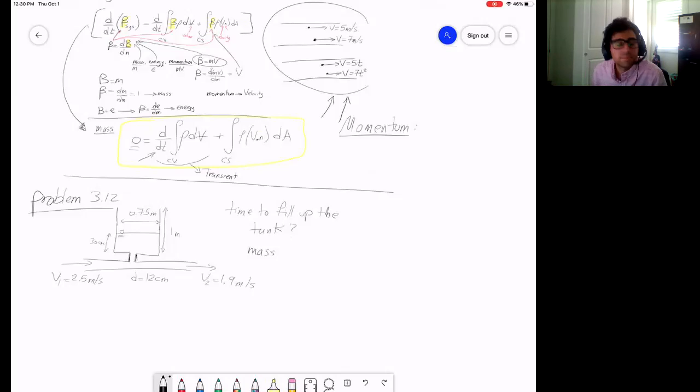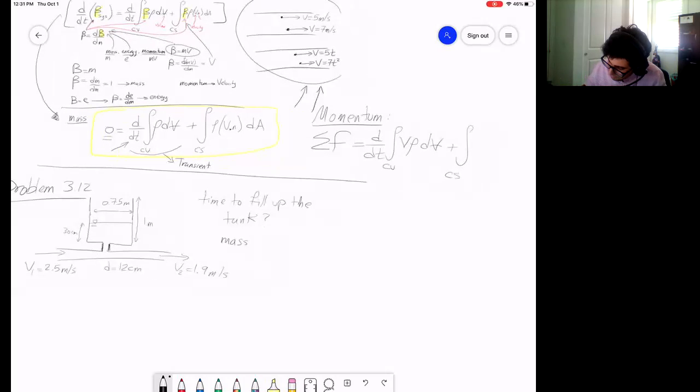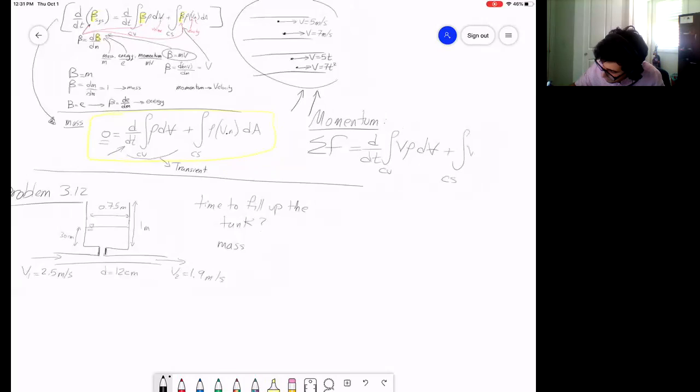Oh yeah, we do. The sum of forces. Yes, very important. The sum of forces is equal to d/dt of the integral over the control volume of velocity times rho dV, plus the integral over the control surface of velocity times rho times the dot product of relative velocity and the normal vector, dA.